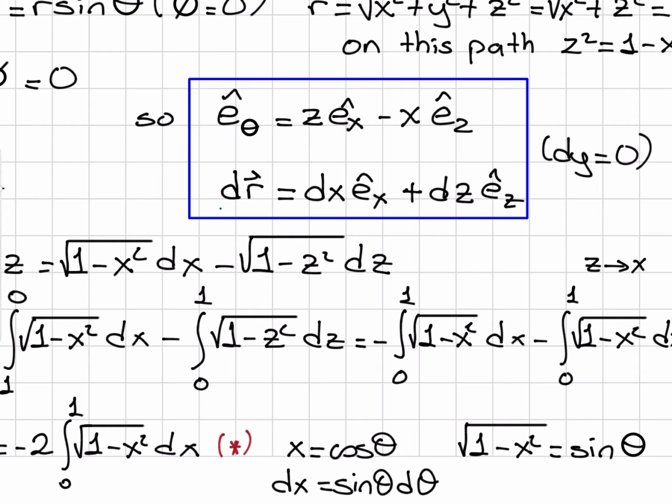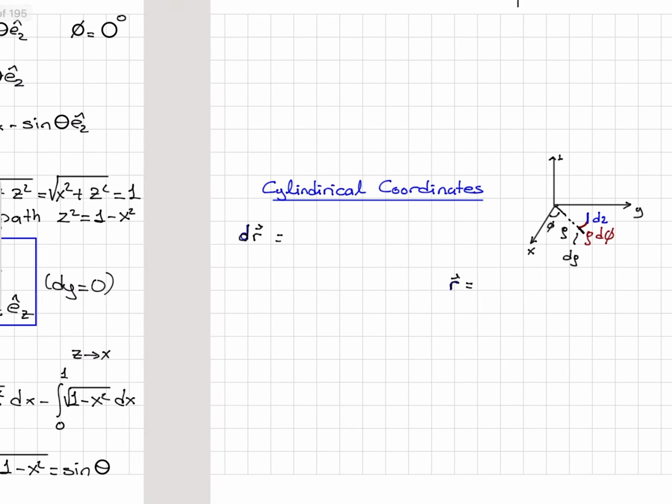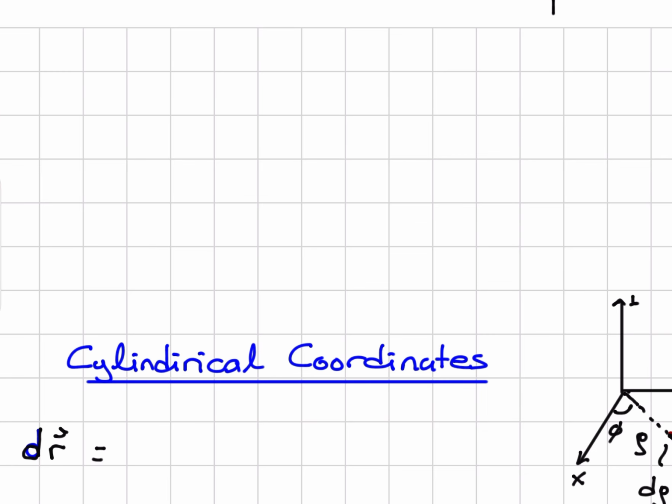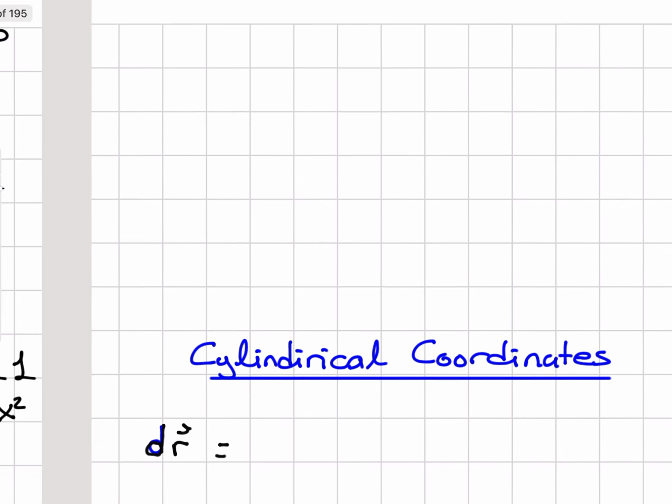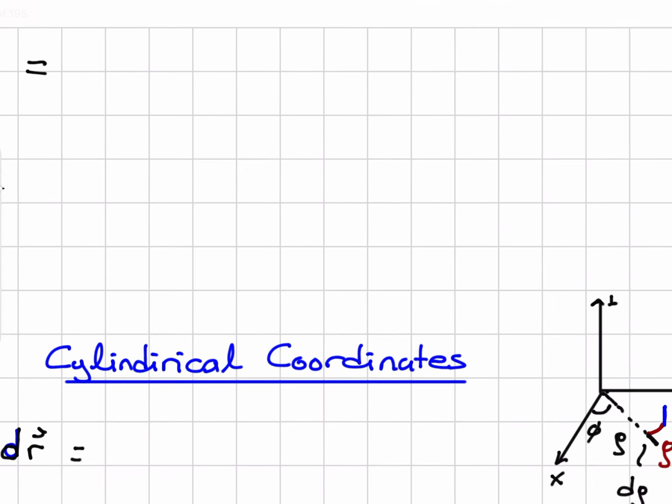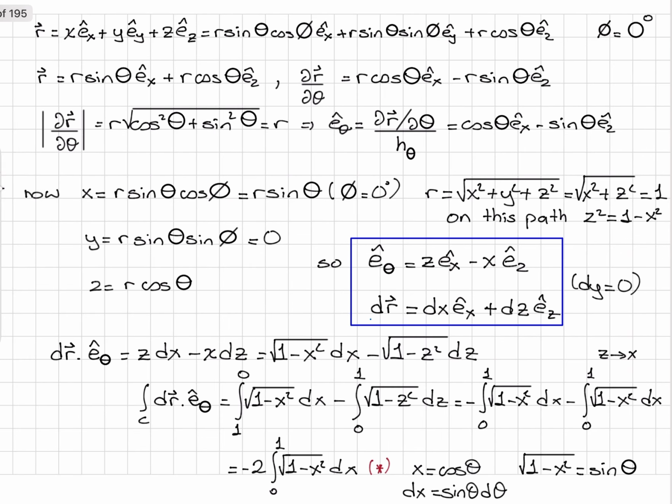Okay, so with this substitution, I'm going to have this integral equal to minus 2 times the integral from theta. If x is equal to 0, that means theta is equal to pi over 2.